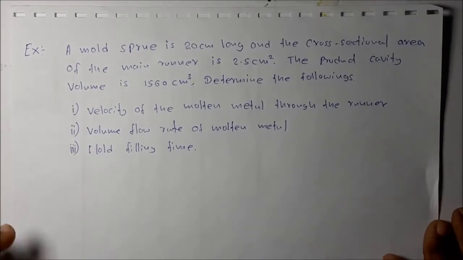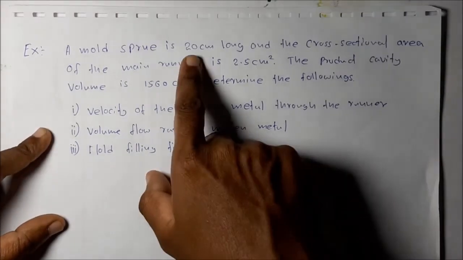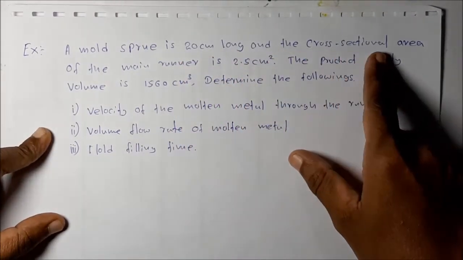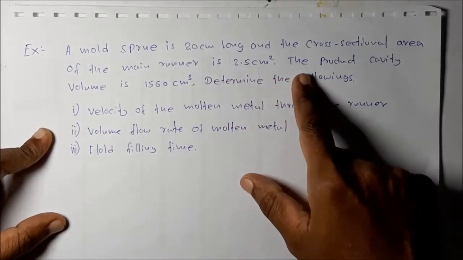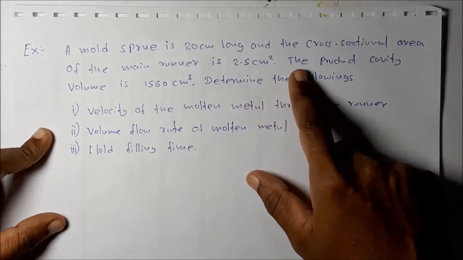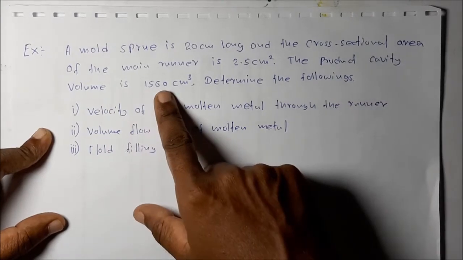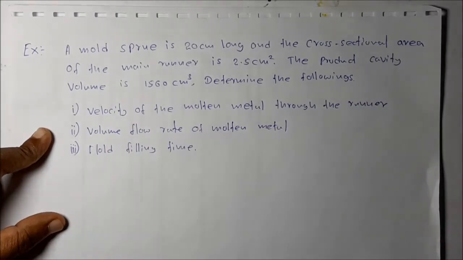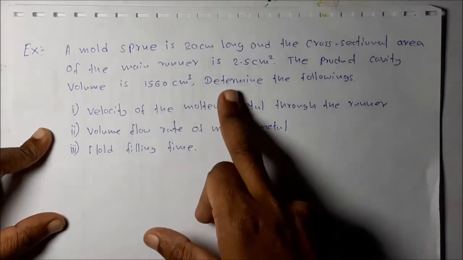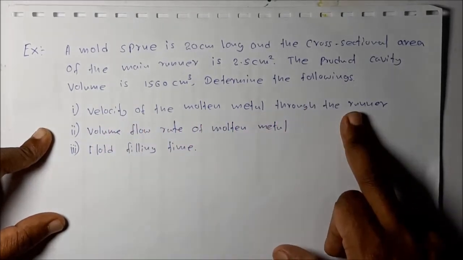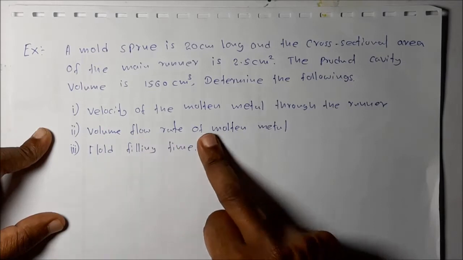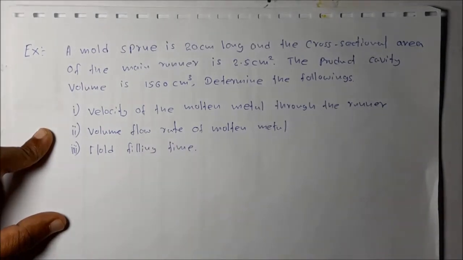A mold sprue is 20 centimeter long and the cross sectional area of the main runner is 2.5 square centimeter. The product cavity volume is given as 1560 cubic centimeter. Determine the following: velocity of the molten metal through the runner, the volume flow rate of the molten metal, and the mold filling time.